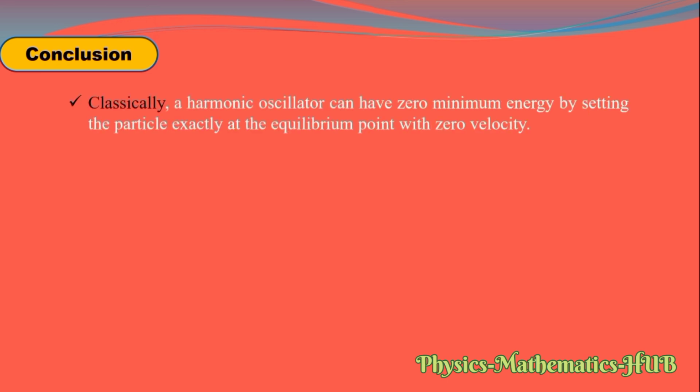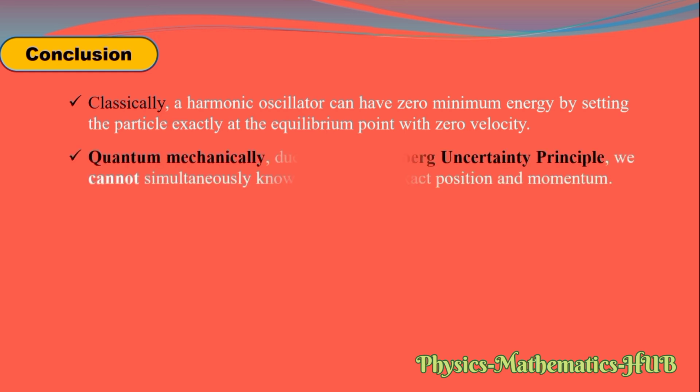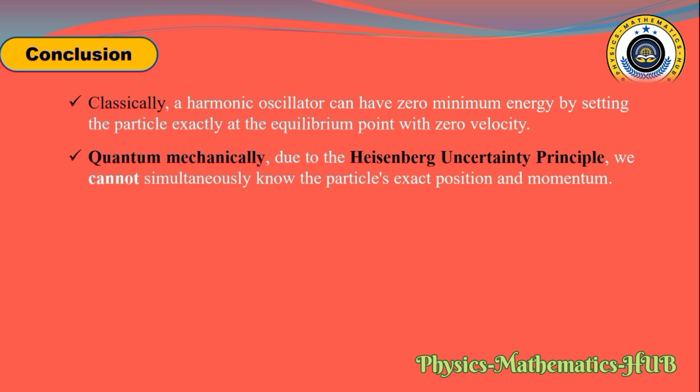In conclusion, we find that classically a harmonic oscillator can have zero minimum energy by setting the particle exactly at the equilibrium point with zero velocity. Quantum mechanically, due to the Heisenberg uncertainty principle, we cannot simultaneously know the particle's exact position and momentum.